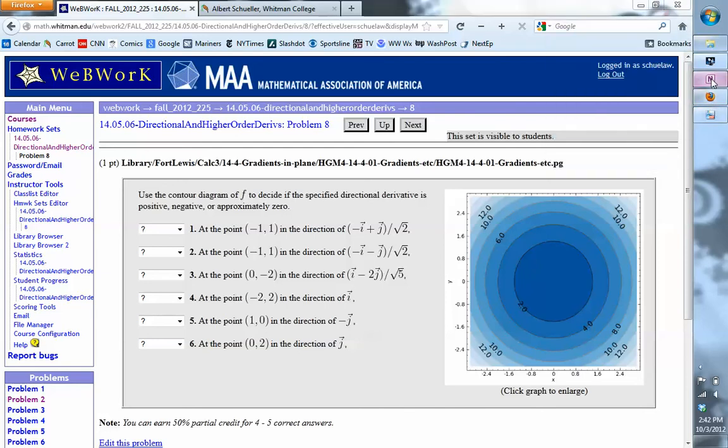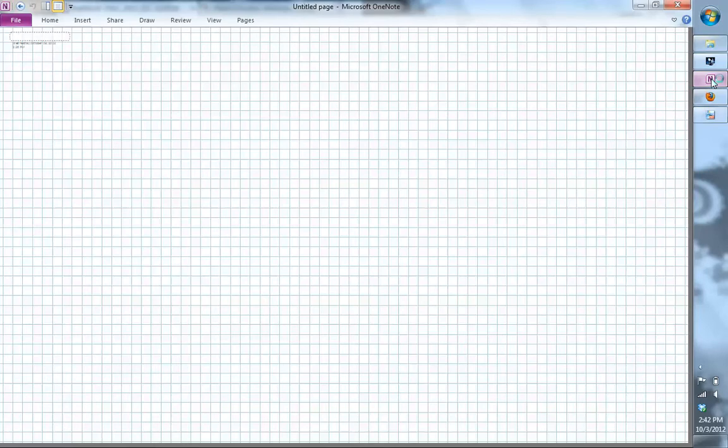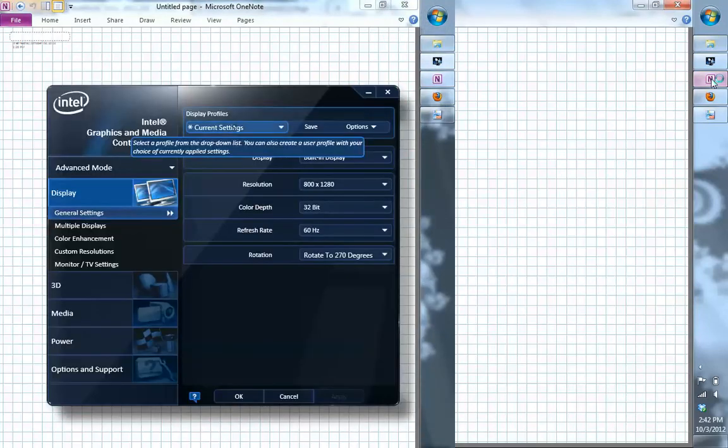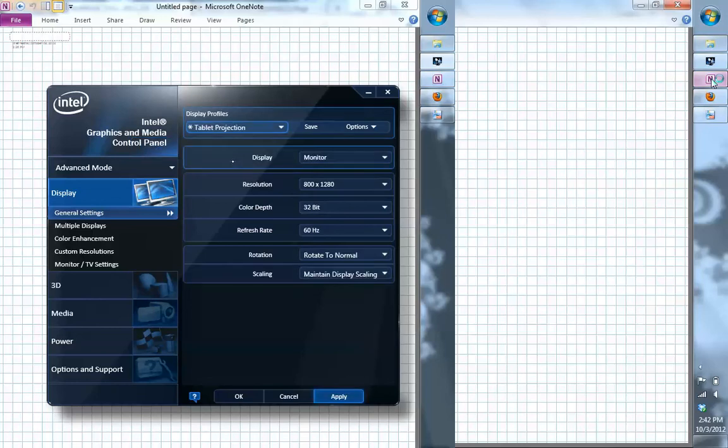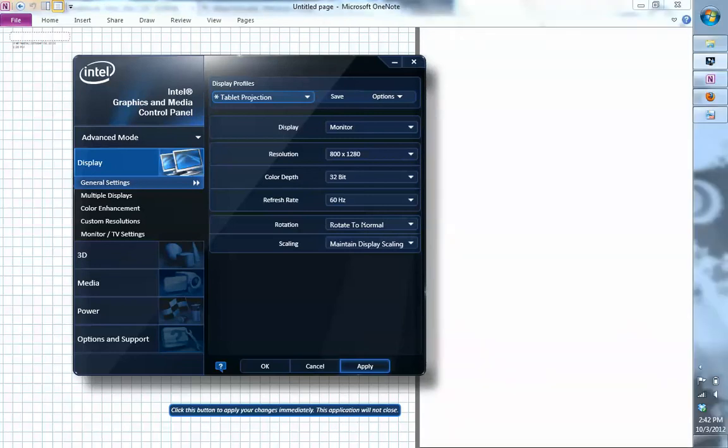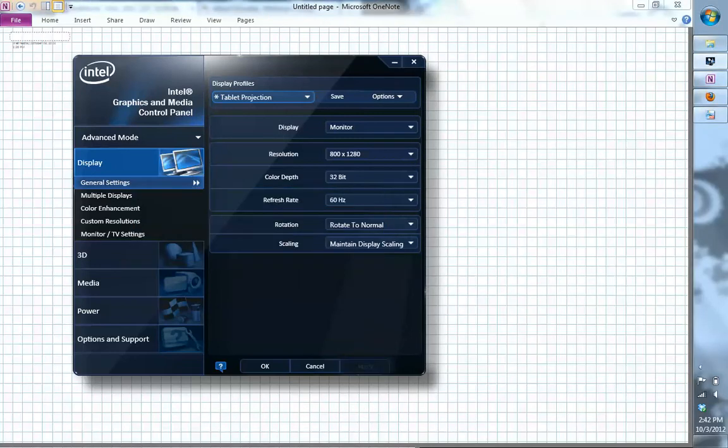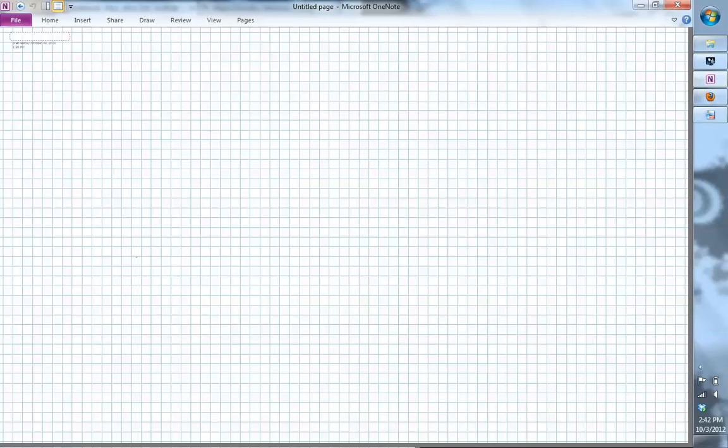Topic of the day. Let's switch over to notebook mode. All right, so what we're doing now is finding extrema of functions of two variables.